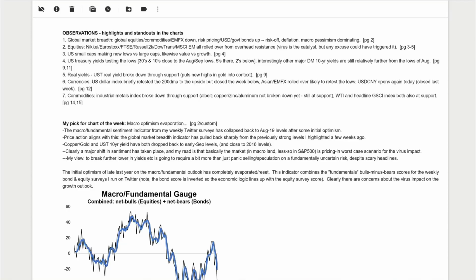Treasuries testing the lows, we already looked at that. The point that I did add there was that the other major developed market 10-year yields are still relatively not at their lows, which is kind of interesting. I guess people are disproportionately expressing their bearish views by buying US Treasuries. It's the largest, most liquid market.